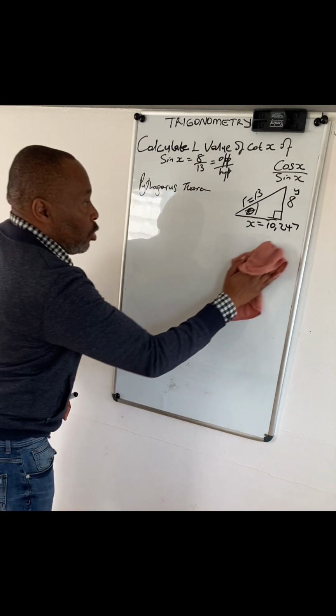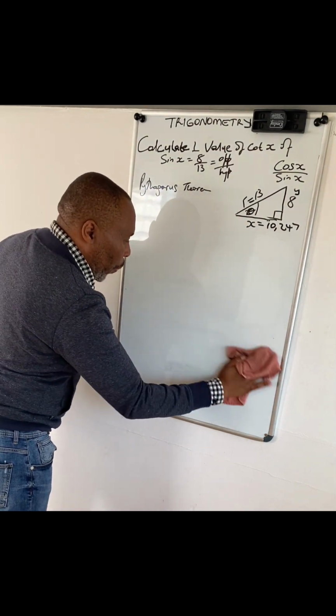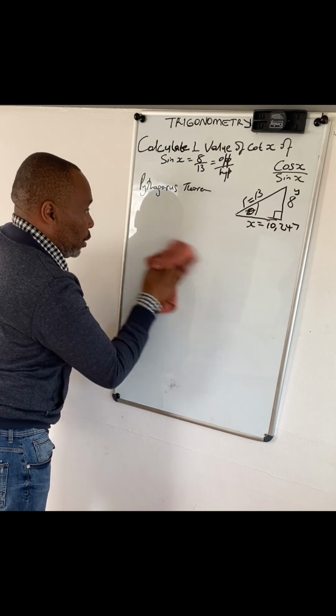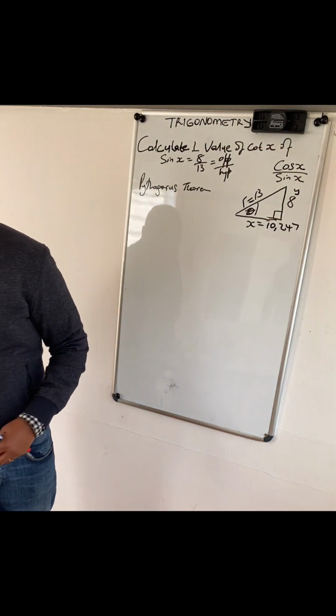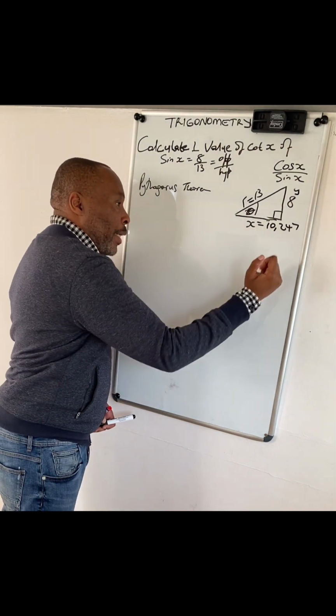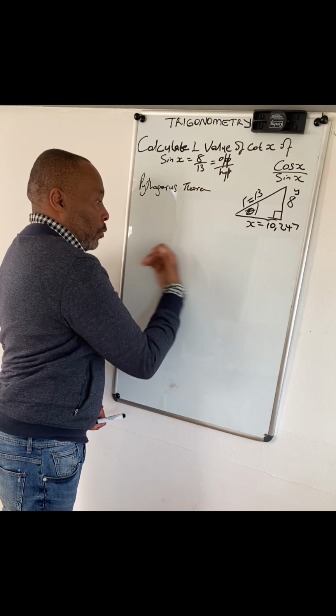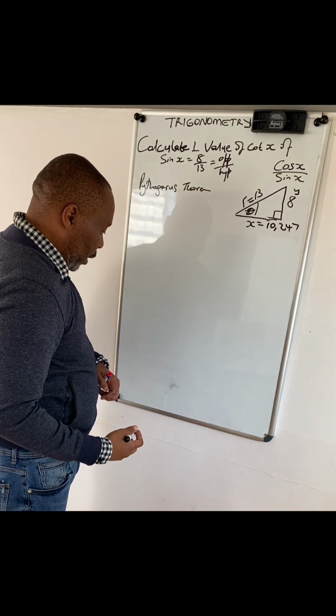Just to wipe it off quickly. Just want you to see how I operate. It's good for you to see how I operate. It's drying up. Let's give it a few seconds.